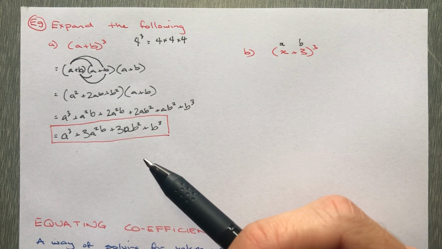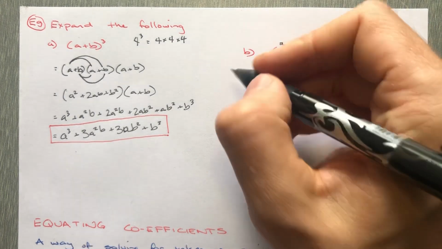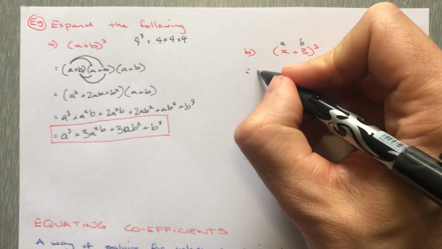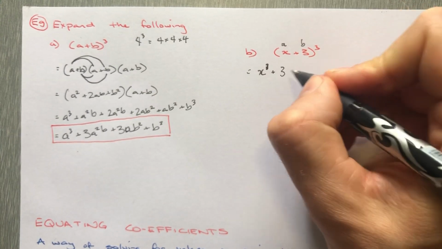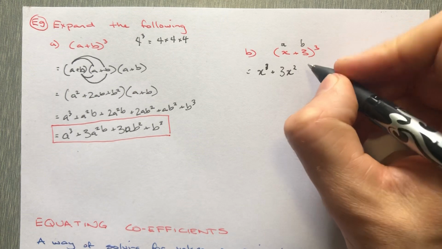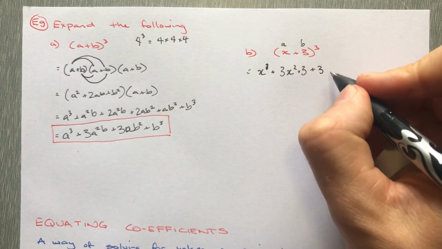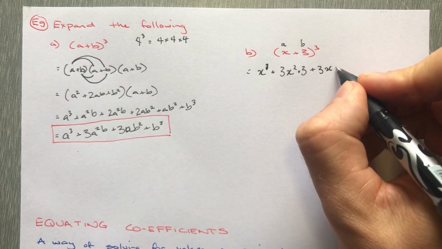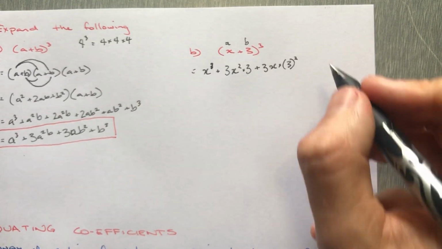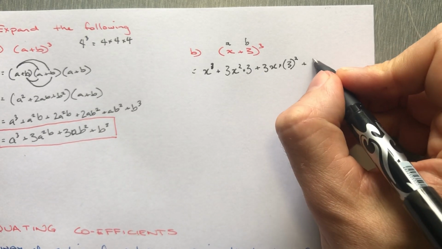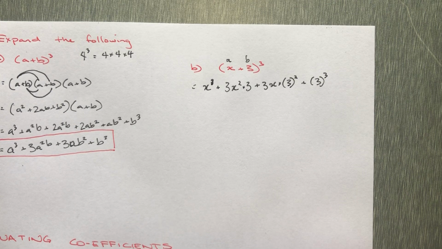It's going to be a lot quicker. So I'm going to substitute them in right now, and we'll see if it's a little bit faster. So I've substituted them all in.